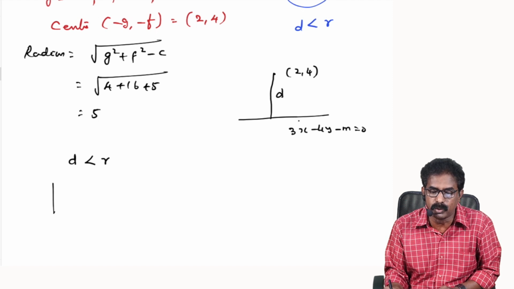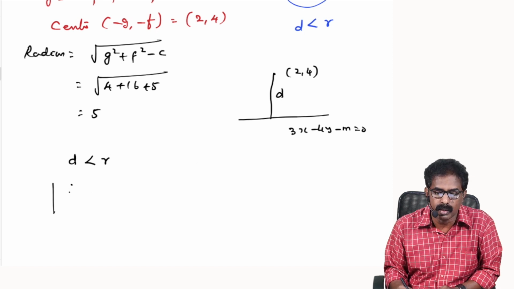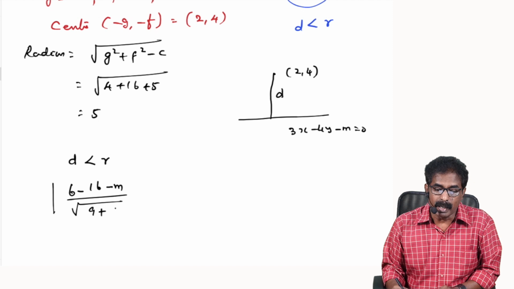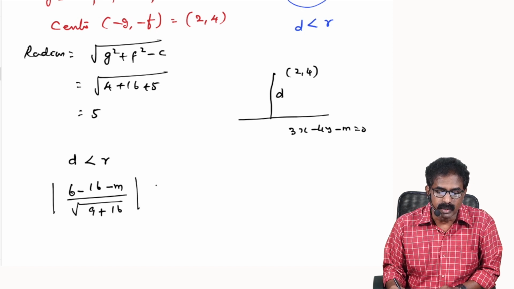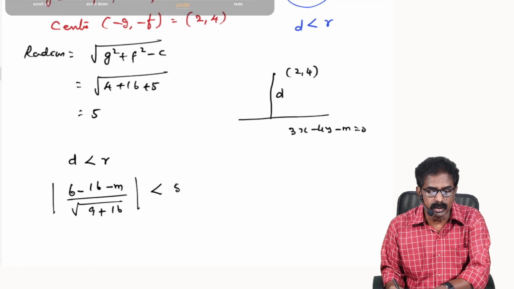For x you put 2 and y you put 4. So 3 into 2 is 6, minus 4 4s are 16, minus m, divided by root of a square plus b square, 3 square 9, plus minus 4 square 16, is less than radius. It is R. But R value you know, it is 5.